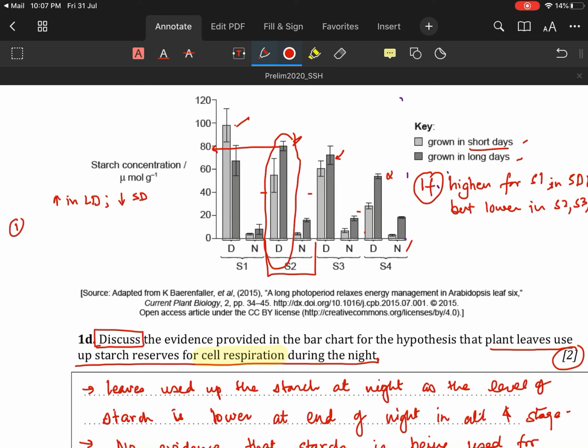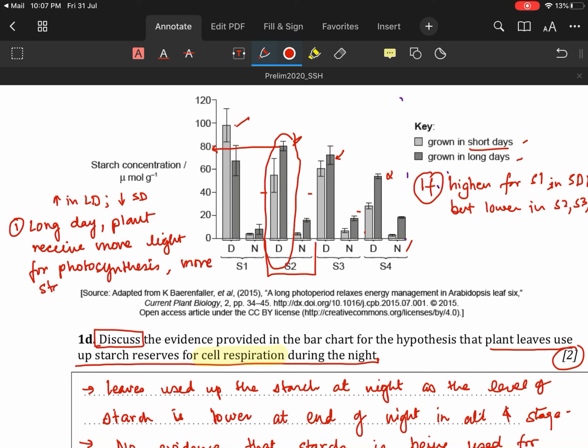Now you can add your knowledge of theory: leaves in plants grown in long day receive more light. Being long day, plants receive more light for photosynthesis, thereby more starch concentration.